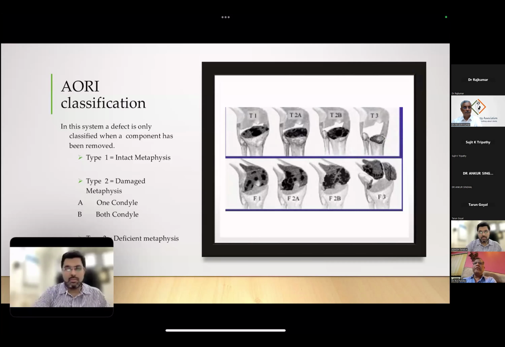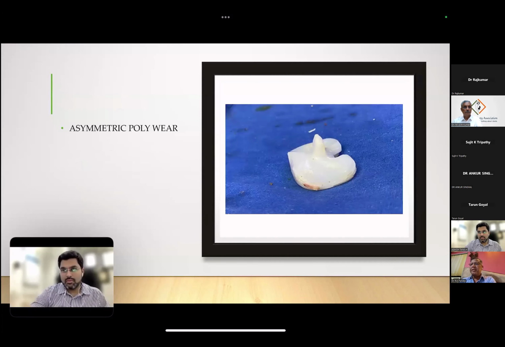I usually follow the AORI classification, Anderson Orthopaedic Research Institute classification, after removal of the implant to grade the bone defect in the revision scenario. Although so much has been talked about revision, how to remove the implant, how to build up the joint line, how to fill the bone gap.